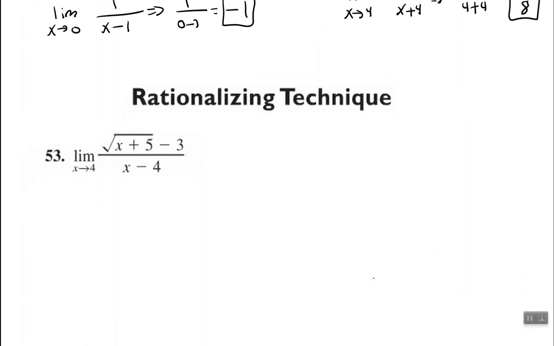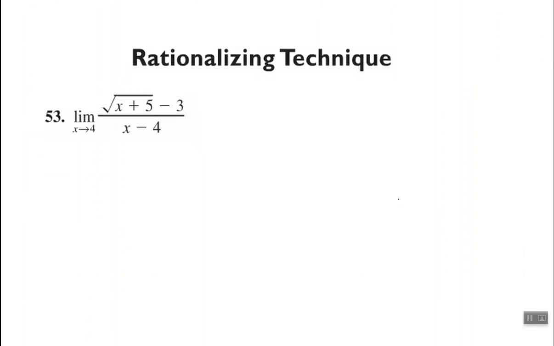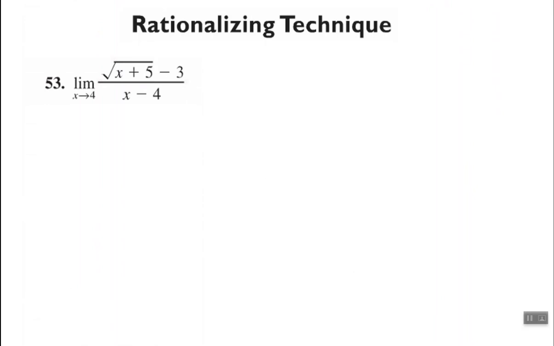The next technique that we're going to look at is the rationalizing technique. So when you see a radical in one of these problems and you try to substitute in first and that doesn't work, then the next thing you can do is to try to rationalize to get rid of that radical, to see if you can substitute after that.